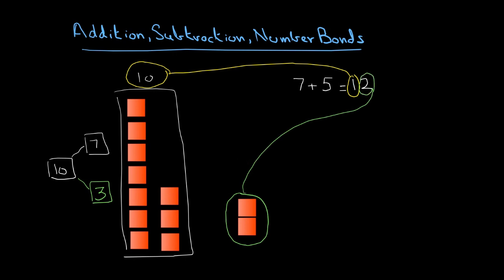And also what we have done is we've broken up a 5. We had a 5 that we broke up: we moved 3 blocks into the big red rectangle, and then the remaining 2 blocks were left over here. So this was also a number bond.